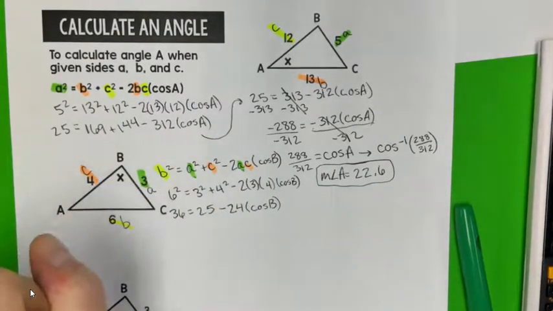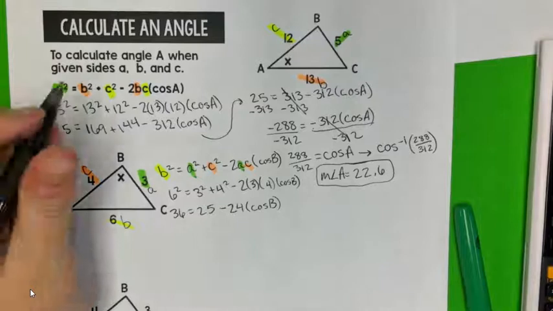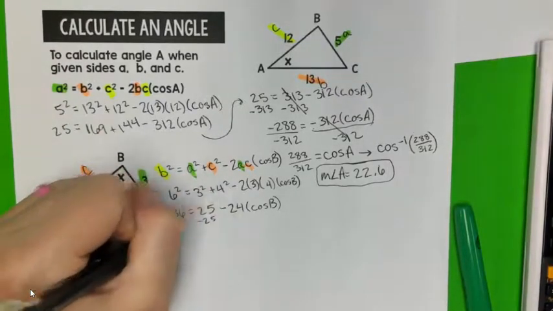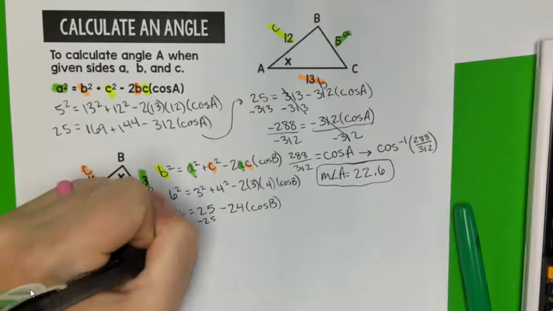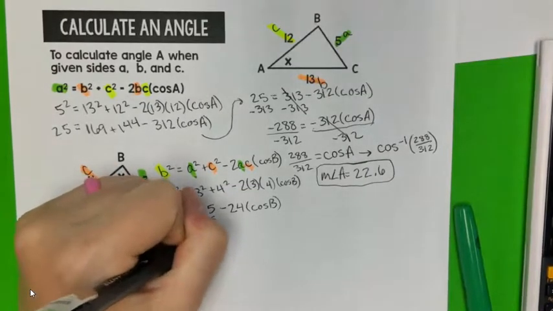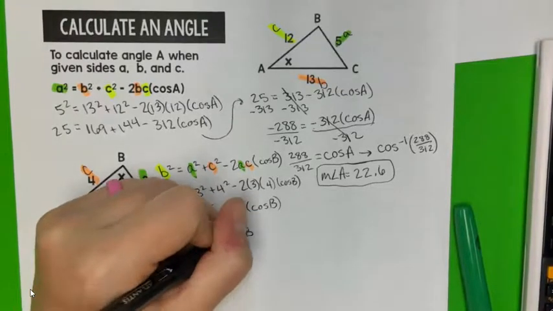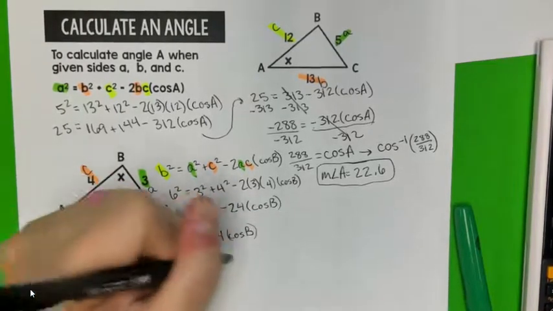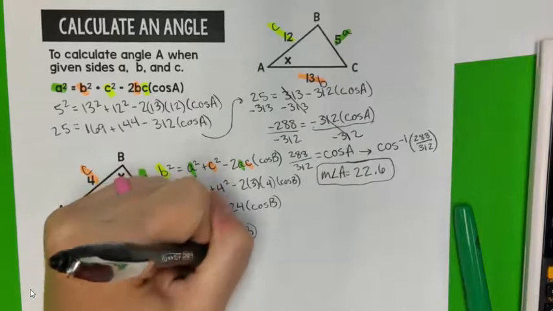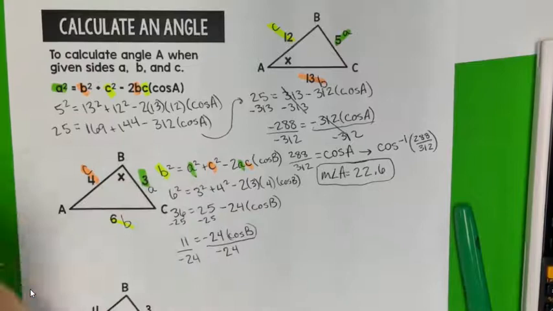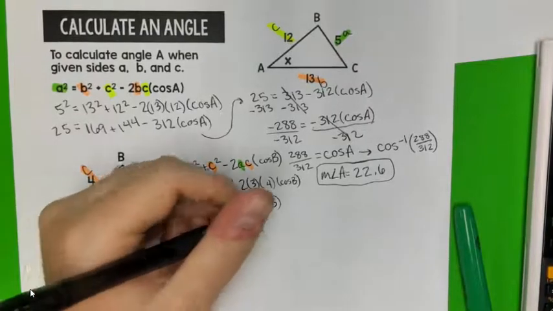Alright, we are going to subtract on both sides. 36 minus 25 is 11. We're like, ooh, quite interesting. Now we're going to end up with a negative, and that is A-okay. That's just the way this one works out.